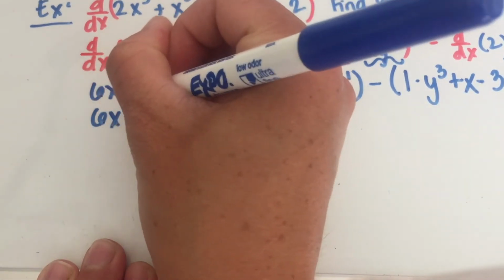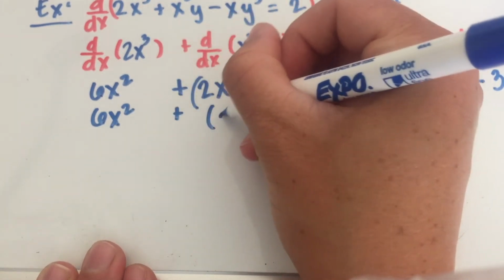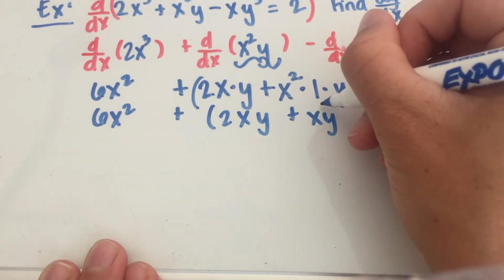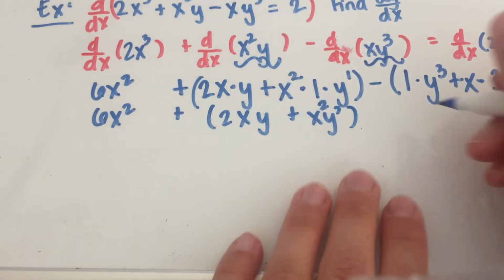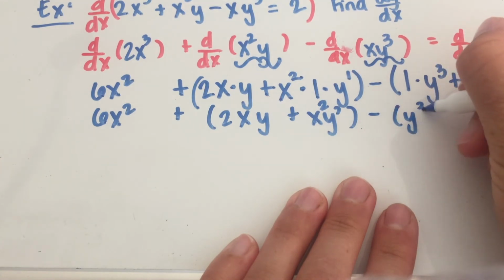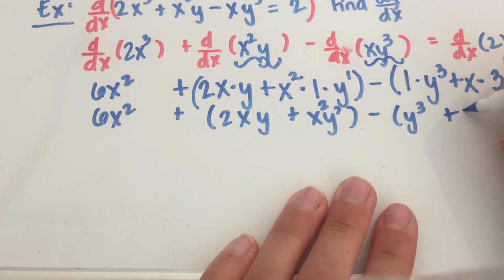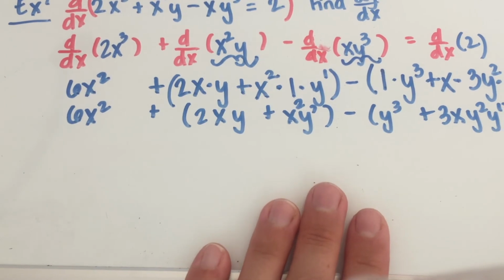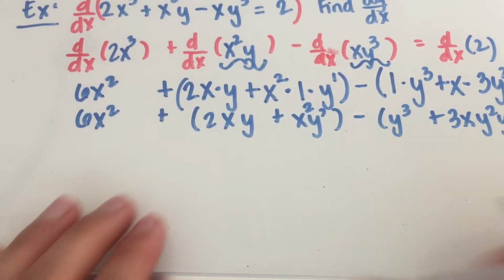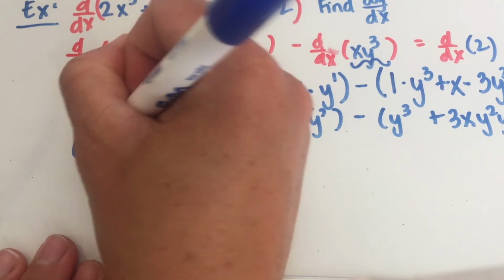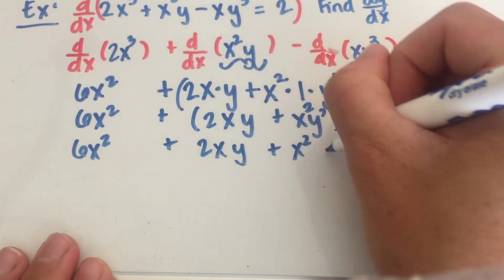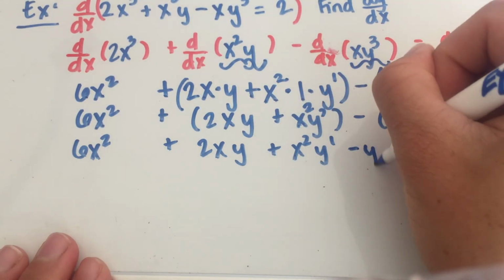Now I'm going to do some simplifying here, so I get 6x squared plus 2xy plus x squared times y prime minus y cubed plus 3xy squared times y prime. Once again, I'm going to do a little more simplifying and distribute the negative through.